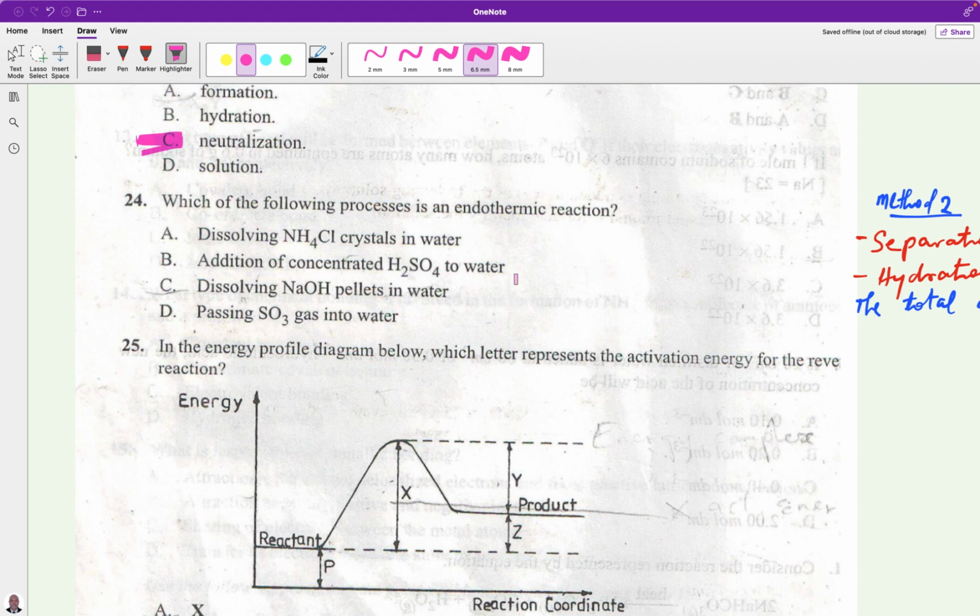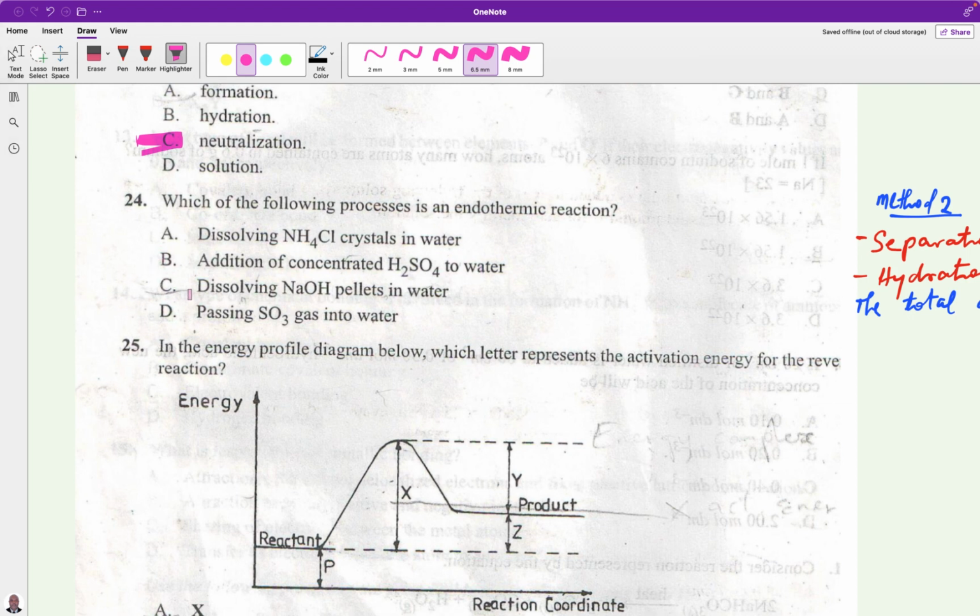What is noticed is that there is going to be generation of heat. Concentrated sulfuric acid is a strong acid that will generate heat when added to water. If you touch the walls of the glass beaker, you will notice that heat has been lost to the surrounding. That's why it is hot. And in a reaction where heat is being released to the surrounding, we call that exothermic reaction. So B is out of question.